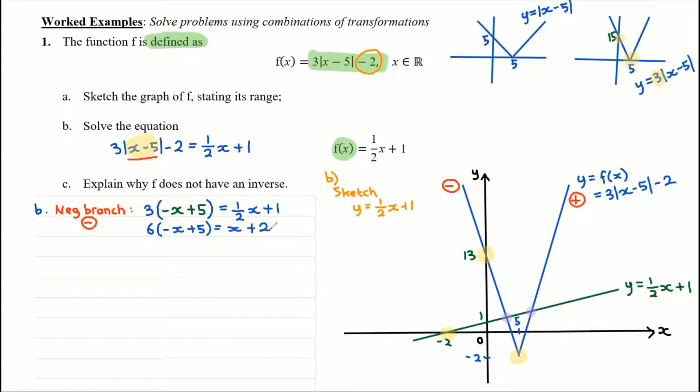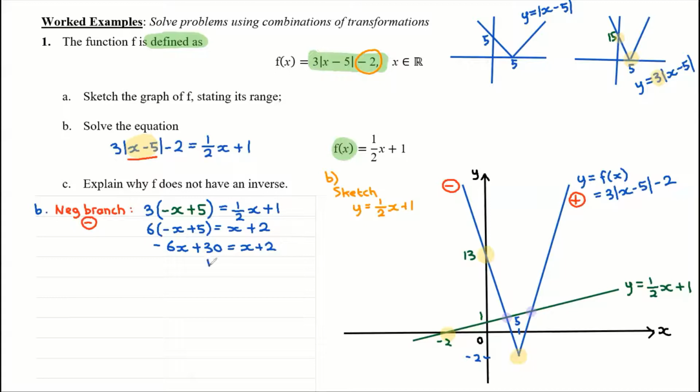And if we expand and simplify, notice we're getting onto GCSE work now. 6 times 5 is 30, is equal to x plus 2. Okay, we're going to collect everything together. I'm going to put the x's on the right and the constants on the left.